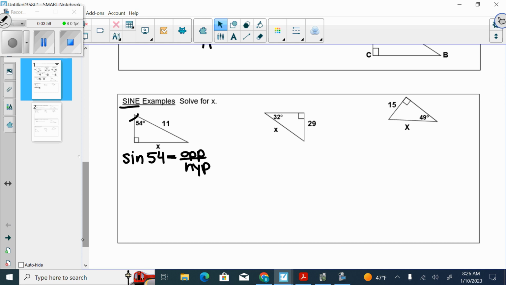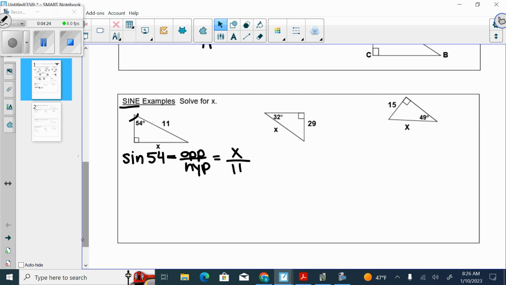Okay? So, looking at this drawing, what is the side that is opposite of my angle? X. So I would have x over, what's the length of the hypotenuse? 11. Okay, so basically what I have here is sine of 54 is equal to x over 11.